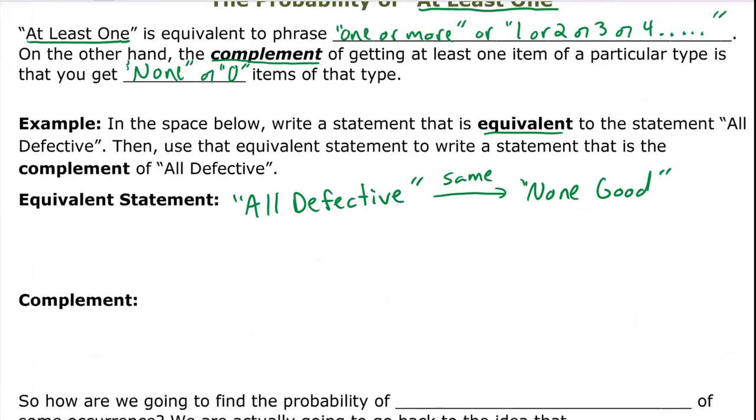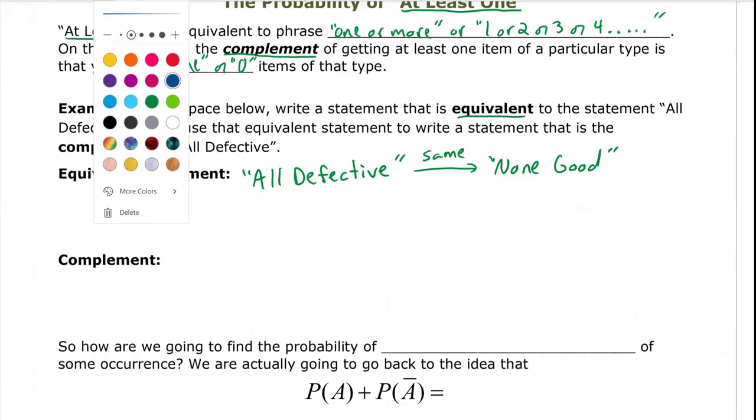Now, this is basically how you want to do the problems that are related to at least one and none. If you want the opposite statement of none good, you take out the word none and replace it with the phrase at least one.